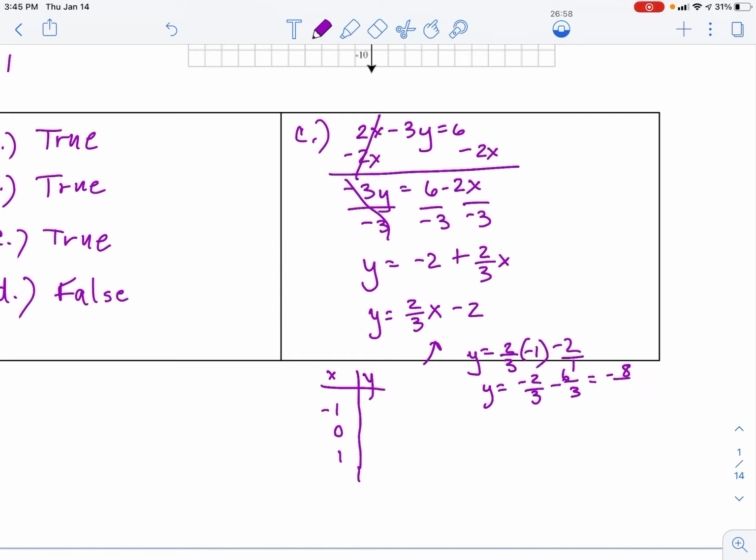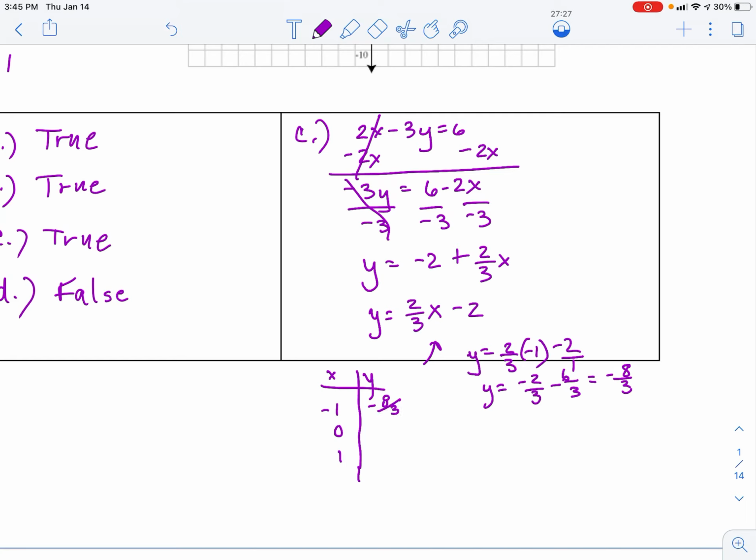So I end up with negative 8/3. So this graph isn't going to be all that nice, I don't think. Okay, so I'm going to go ahead and put that into my table, negative 8/3.